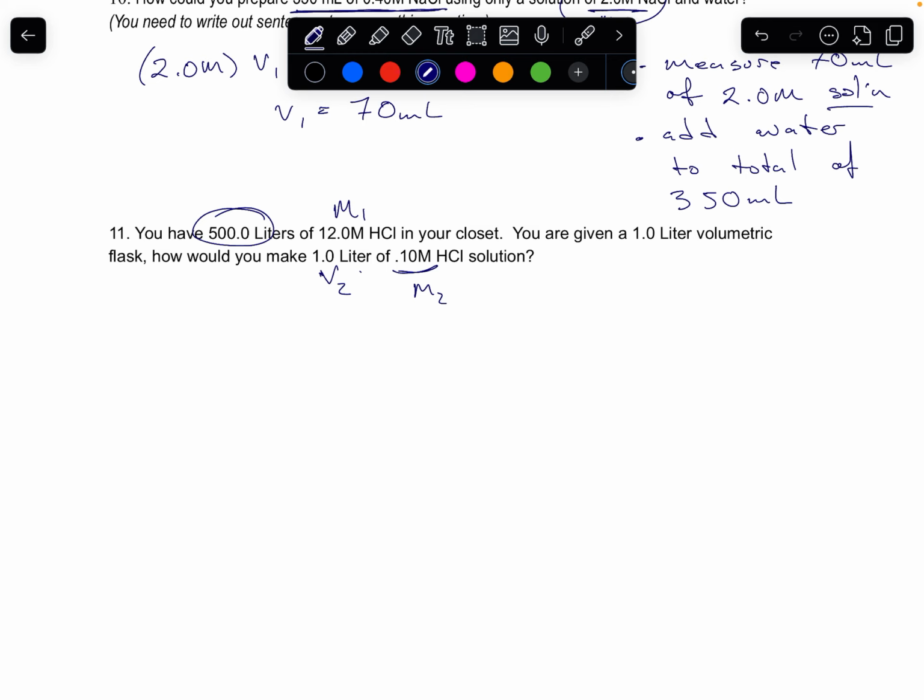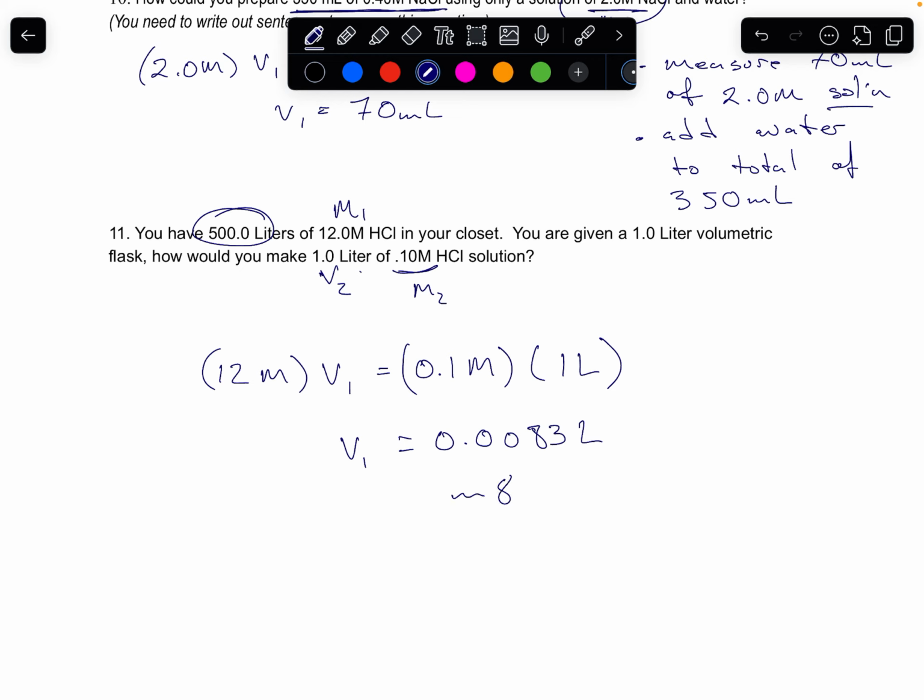So we need to figure out from this 500 liters how many liters I need to make my new solution. I'm going to start with that 12 molar times V1, which I don't know, and that's equal to my 0.1 molar times the 1 liter. Solving for V1, I'm going to need 0.0083 liters in order to make this dilution.